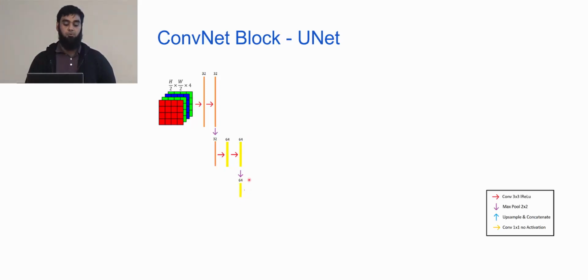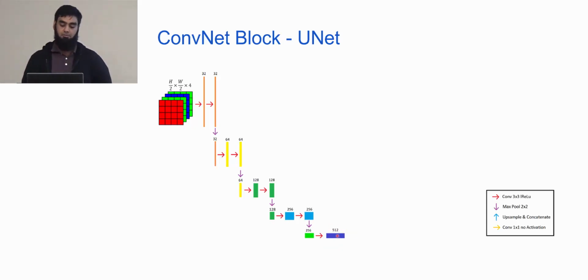I get 64 filters of reduced dimension, and then I apply a couple more convolutions. So I'm basically doubling the number of filters at each layer. And if I apply another convolution, it's going to be this. I'll keep on increasing the number of filters and max pooling until I finally have 512 filters with the dimension being minimized.